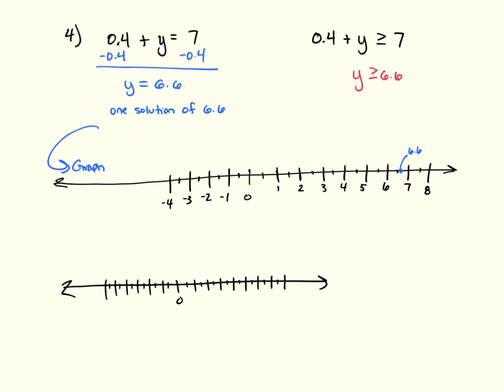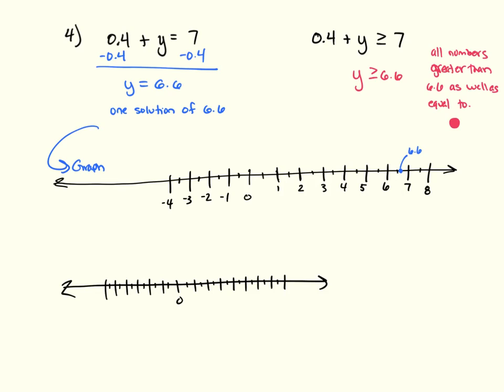Notice that y is greater than or equal to 6.6. So therefore, y is going to represent all numbers greater than 6.6 as well as equal to. So our circle is not going to be open, it's going to be closed, okay, to compare that to our one solution of 6.6.